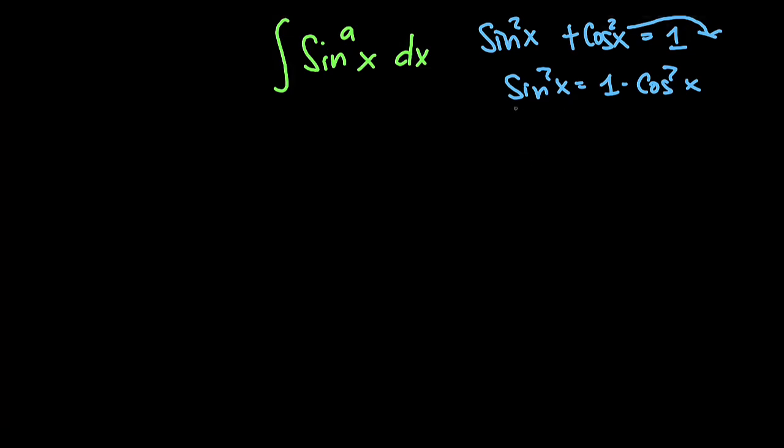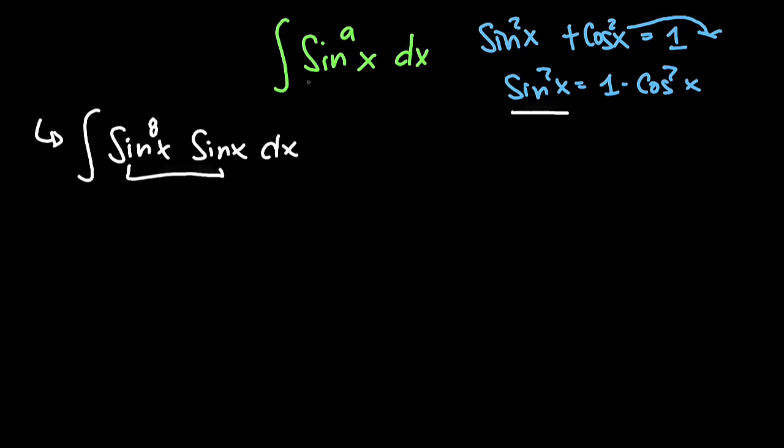The objective of this would be to put the problem into sine squared of x form. Since this is an even form, we would want to factor out 1 sine of x here in order to make it also even. This would be sine to the power of 8 of x multiplied by sine of x dx. Keep in mind, multiply this together and you have the same problem.